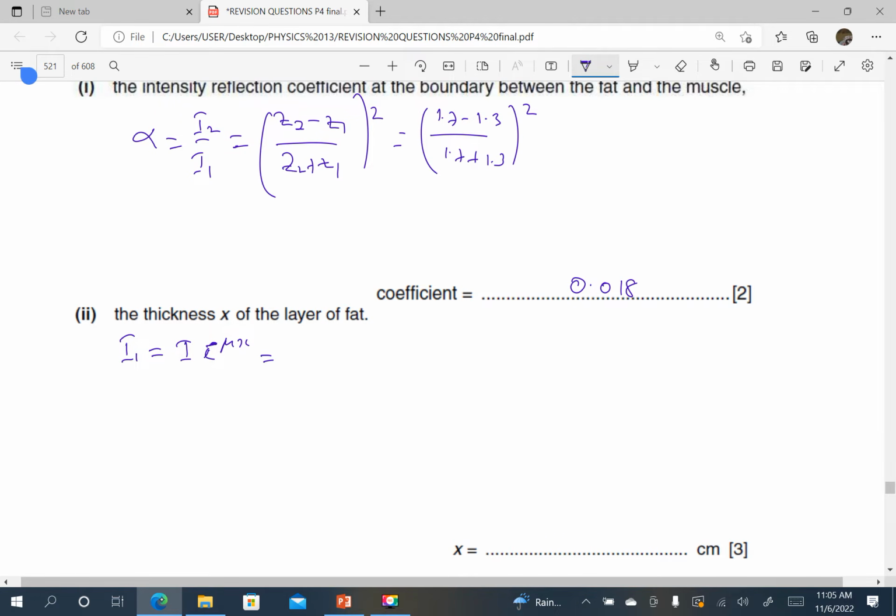Then the intensity which is reflected, I2, is equal to 0.018 times I1. Then the intensity which has been transmitted through in the opposite direction is going to be I2, which is leaving the boundary backwards, times e power negative mu times x.